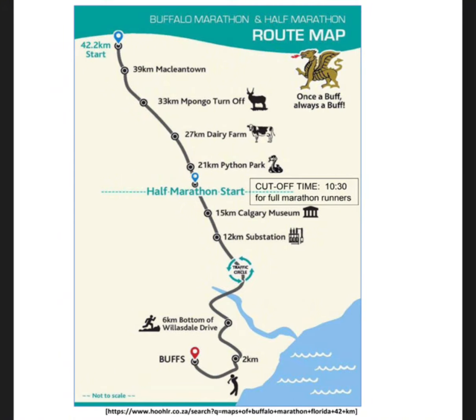And again, maybe I can just add, by not forgetting the distances that we have here. From the starting point to McLean Town, we have the difference, which is 42.2 minus 39. And again, if they ask you to calculate the distance between McLean Town and Mpongo Town, you just have to calculate the difference. It's going to be 39 minus 33.